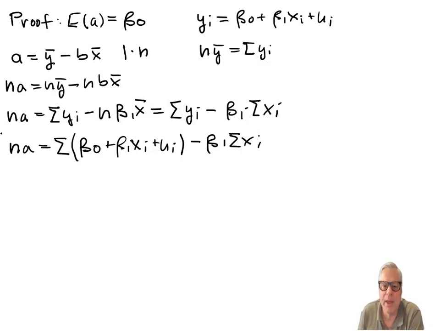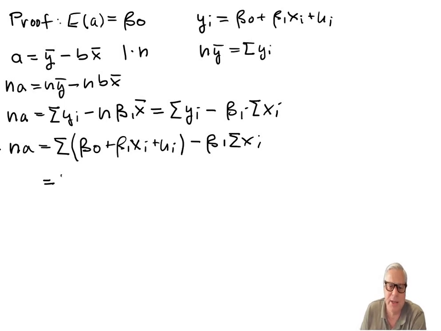Okay, so we can write that again differently. We can write now the sum of beta 0, so that's just n times.